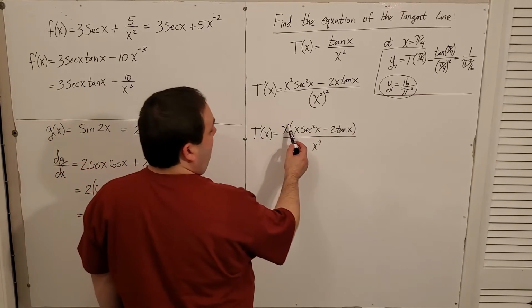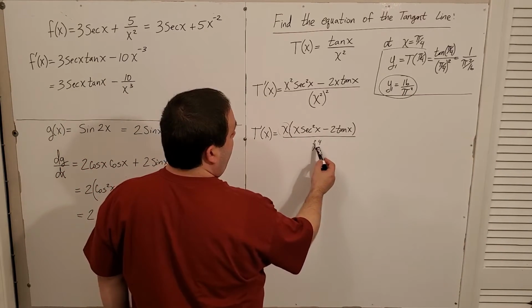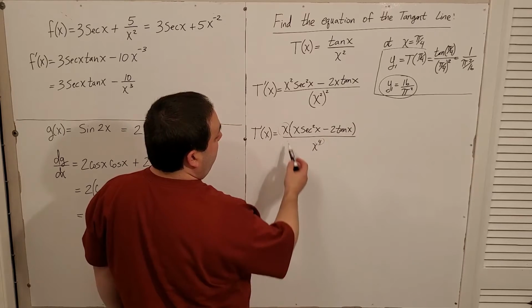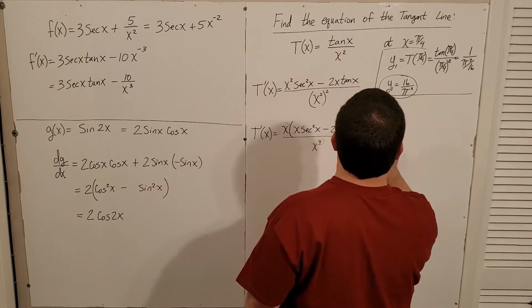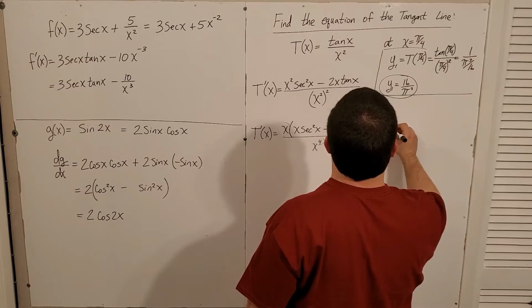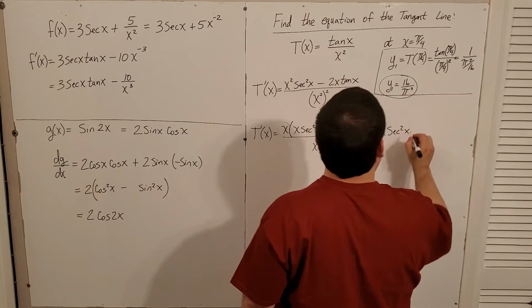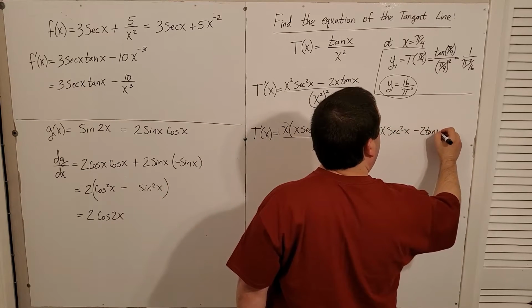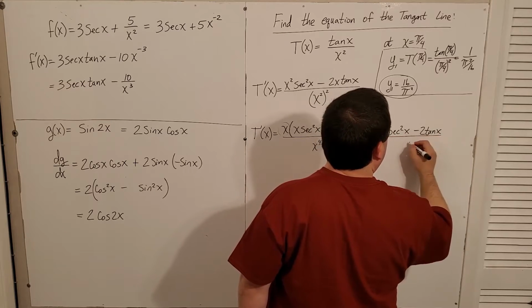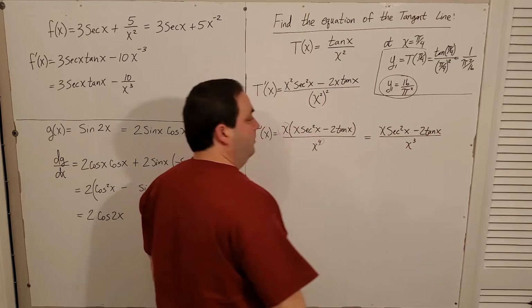Well, of course, I have a multiplied x in the front. I have divided x's in the denominator. This is going to reduce by one level. So my derivative function simplified looks like this. x times secant squared of x minus 2 tangent of x all over x cubed.